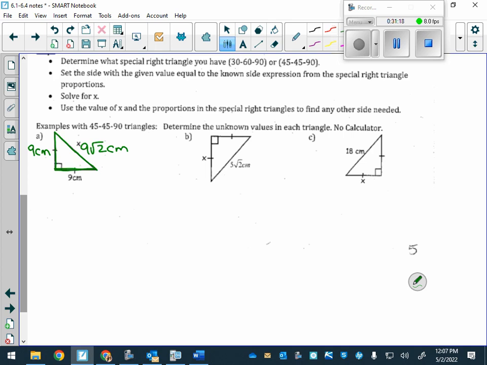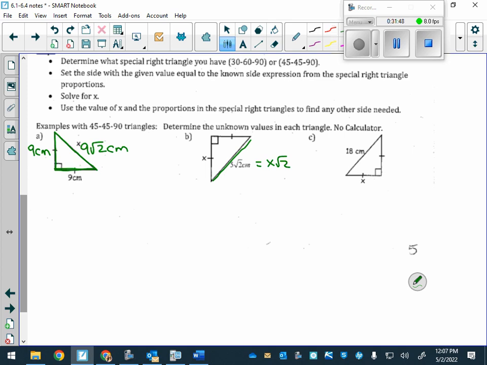Now, if we look at B, we are given our hypotenuse. For 45, 45, 90, our hypotenuse equals what? X or x root 2? X root 2. So some of you will pick out what this actually is. But if I had to solve algebraically to find x, what would I do here?